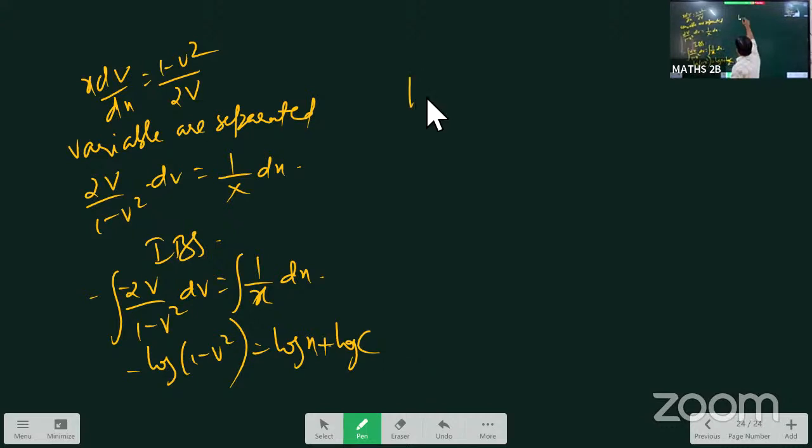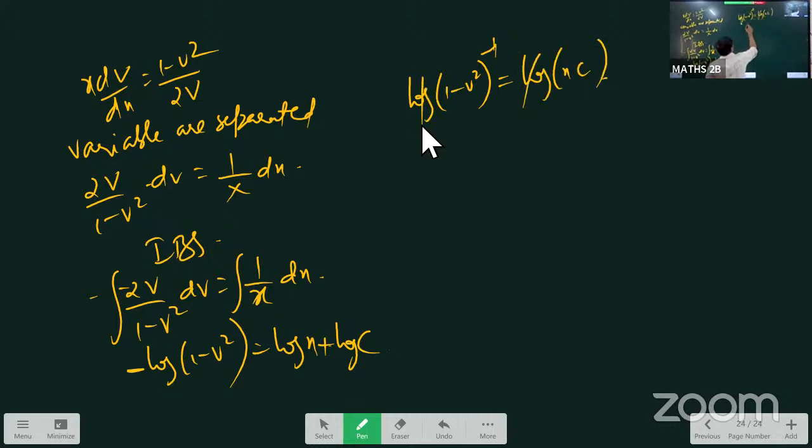So minus log (1 minus v square), I will write it as whole inverse. This minus is there, no? This minus I wrote as inverse of log. And log m plus log n is log mn. Now log gets cancelled. (1 minus v square) whole inverse is 1 by (1 minus v square), equal to xc.